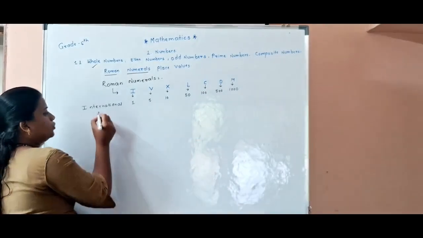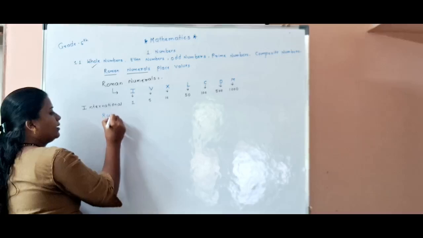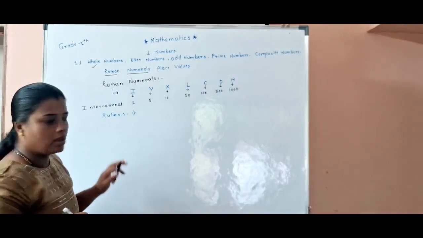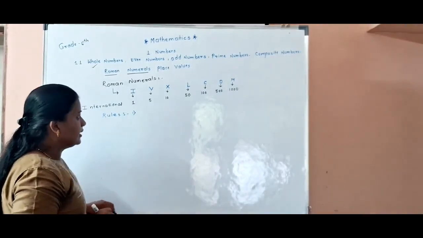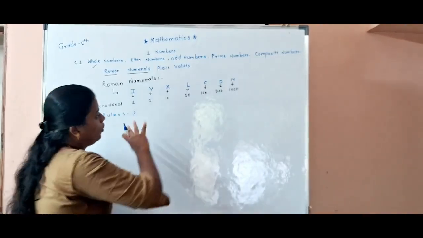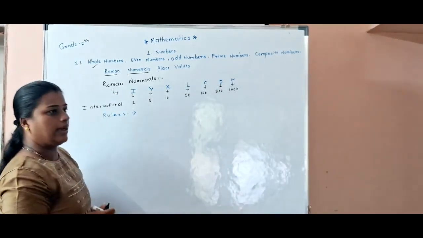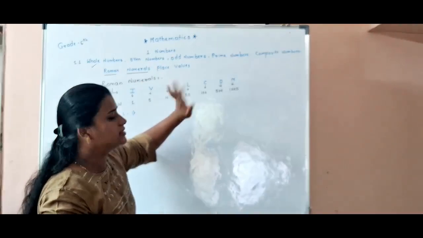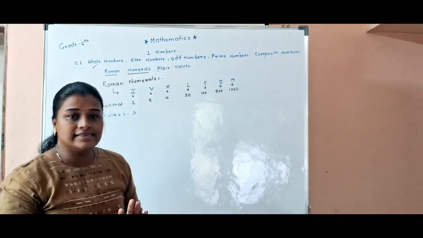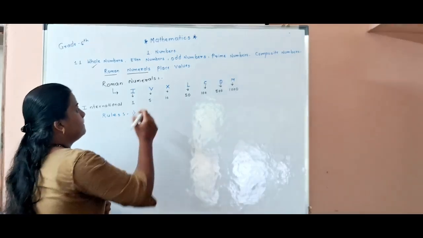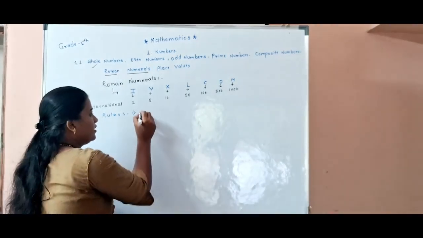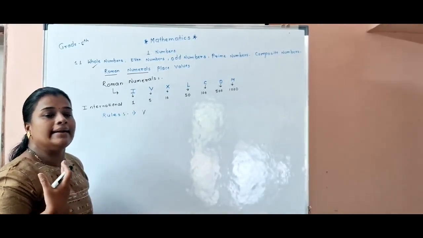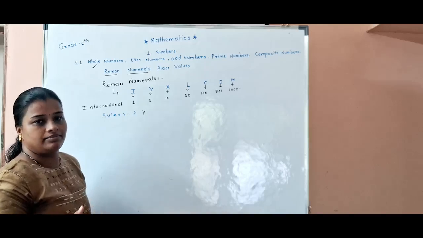When they give you value, they have made some rules regarding it. So the first rule is that whatever Roman numeral you take, either I, V, X, L, C, D, M, leaving V, you can repeat this Roman numeral at most 3 times.